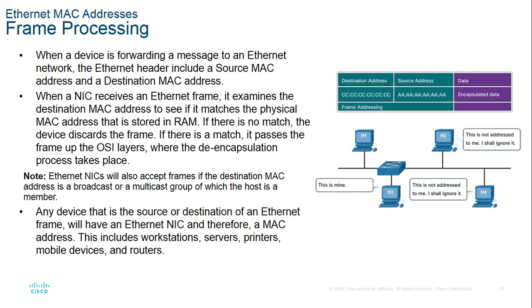So when a network interface card residing on your device receives an Ethernet frame, it will start by examining the destination MAC address. If the destination MAC address is equal to your own MAC address, then it will process this Ethernet frame, otherwise it will drop it.